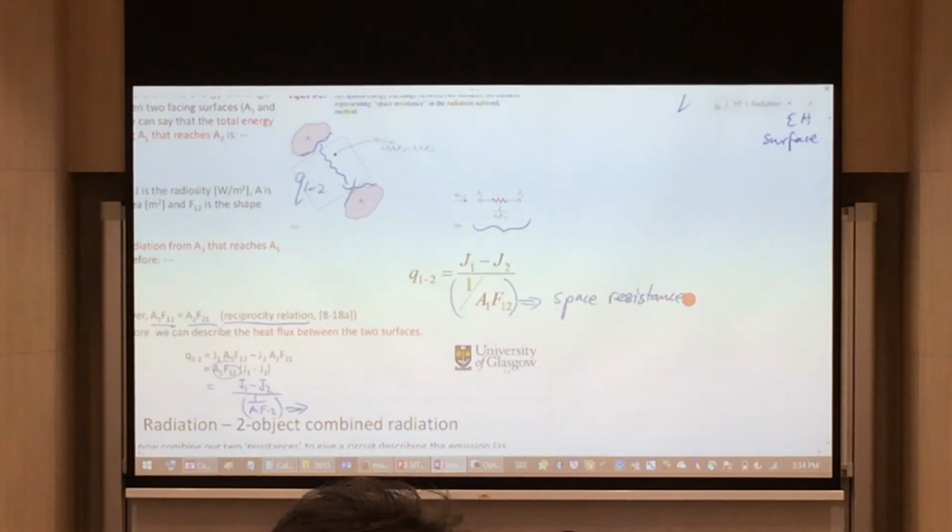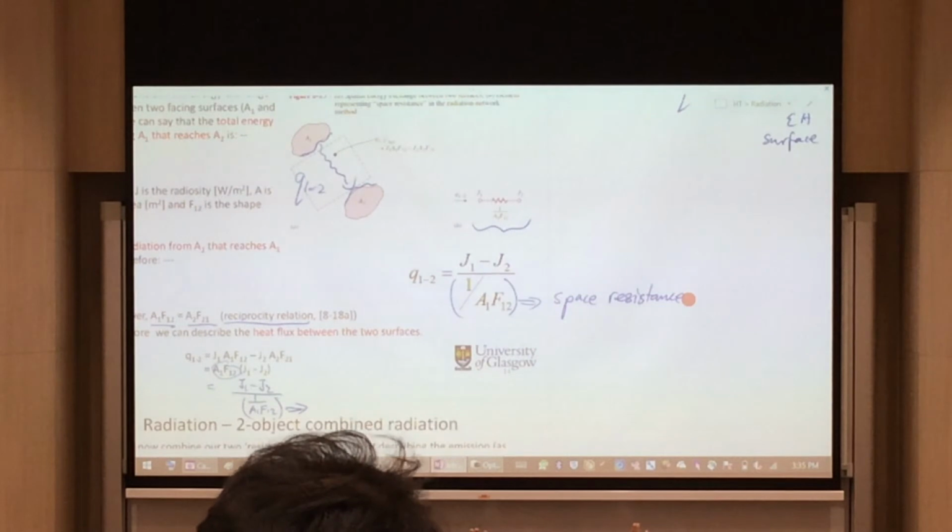This is unlike the convection and conduction that you have seen before. If I have two objects, this object is going to have the surface resistance, and that object is going to have the surface resistance. The fact that these objects are placed apart from each other means that in between them, there is another resistance called space resistance. So if radiative heat were to transfer from one object to the other, how many resistances are there?